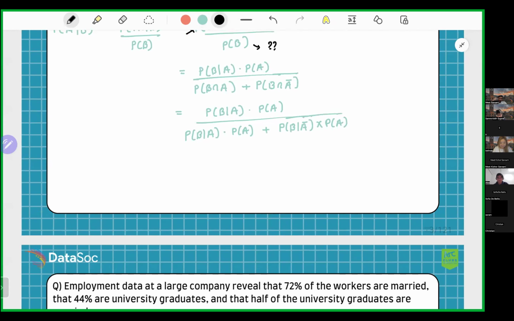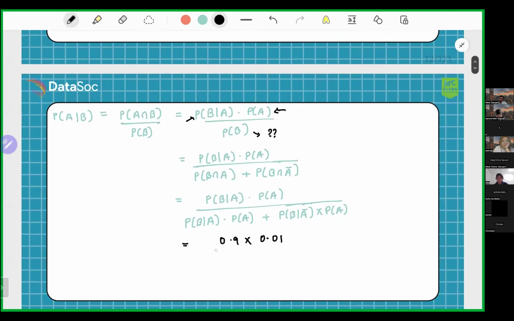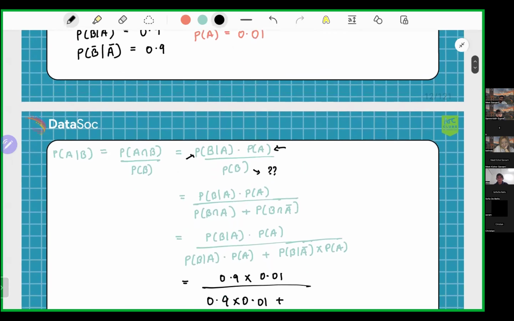Now what information don't we know? So we have the probability of B given A, that's 0.9, into probability of A, 0.01, upon 0.9 into 0.01 plus.